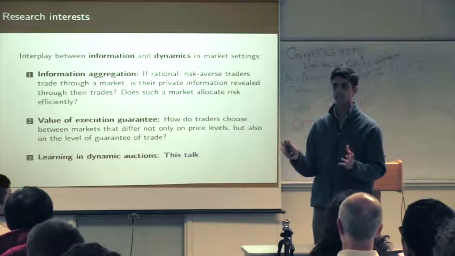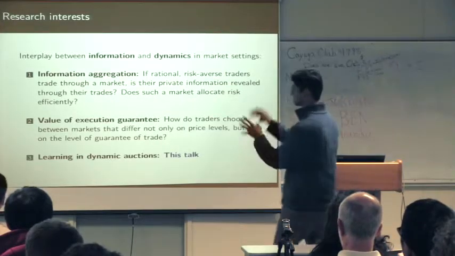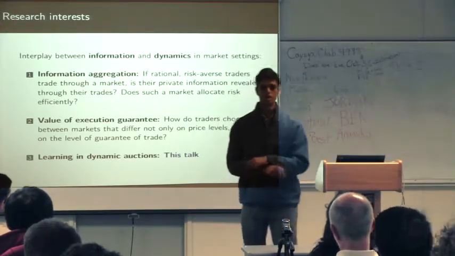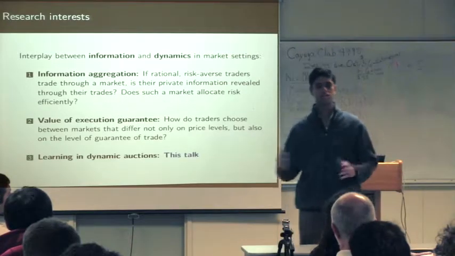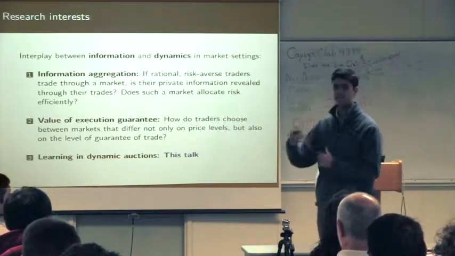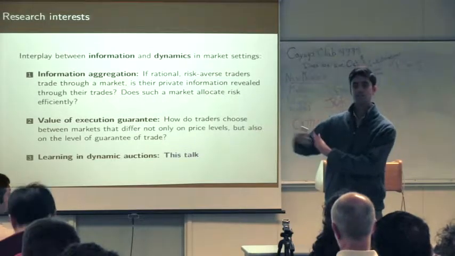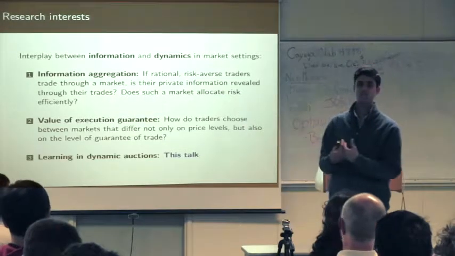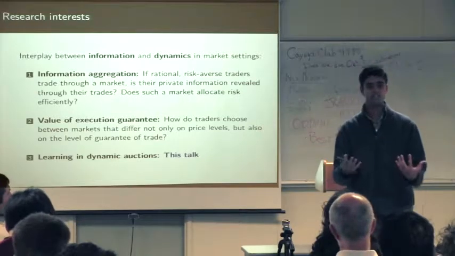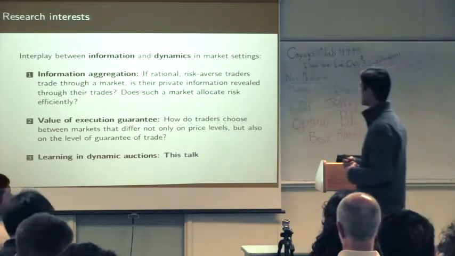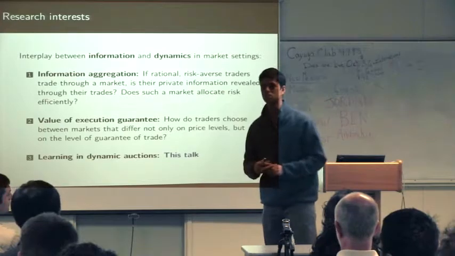This could be in the general setting where they are completely rational and risk averse, and they can trade with the market maker repeatedly over time. So they might not reveal their information straight away through the trades. And here I find sufficient conditions on the market mechanism.